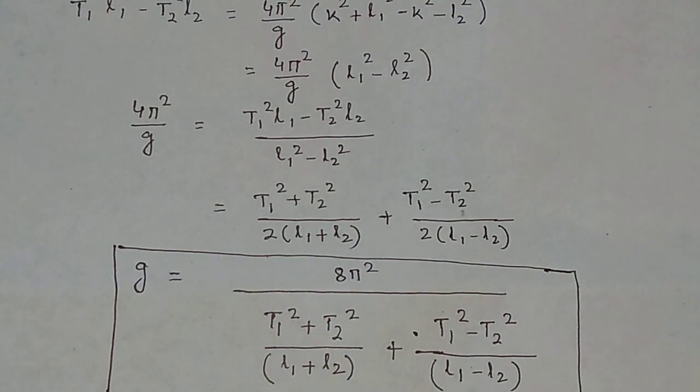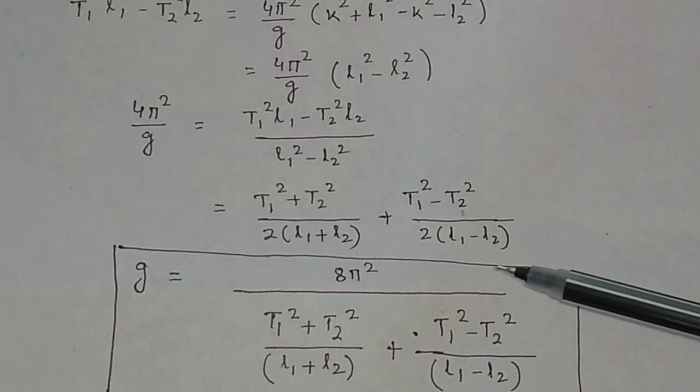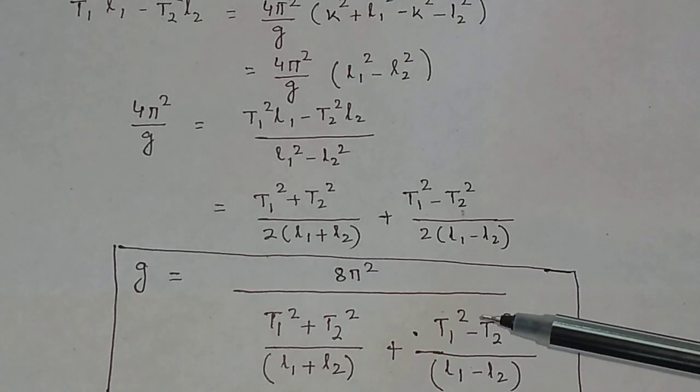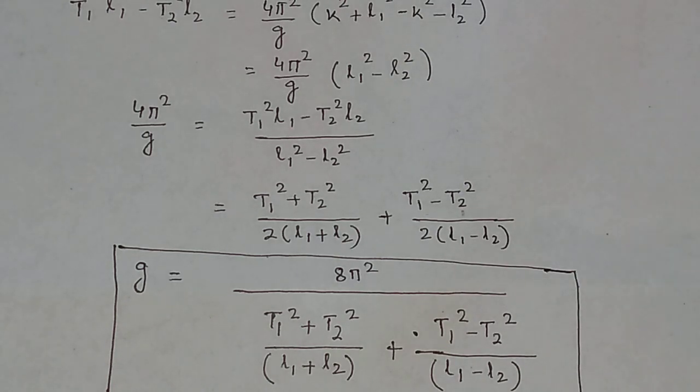In case of a bar pendulum, you can find out the acceleration due to gravity, but it is very tedious because you find out the time period at different holes from the point of suspension. You take the time period at different holes, so it is a very tedious job.